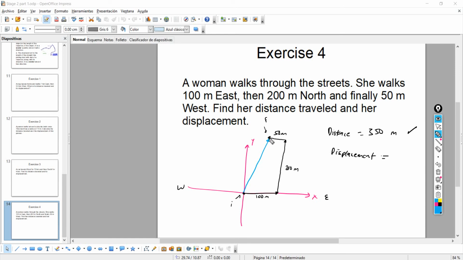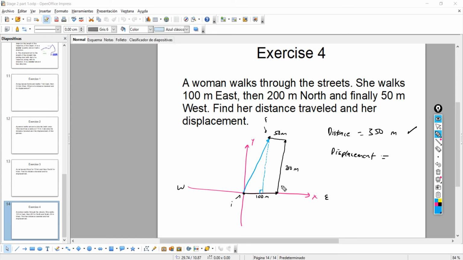Look, what if I drop a perpendicular from this point towards the x-axis? Since this is perpendicular to the x-axis, then this is a right angle. So we have this little triangle in here.